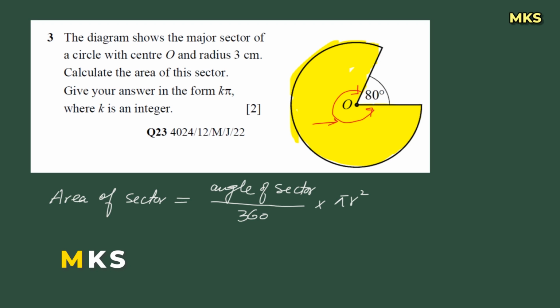That's easy. The angle of a circle is 360. 360 minus 80 is 280.